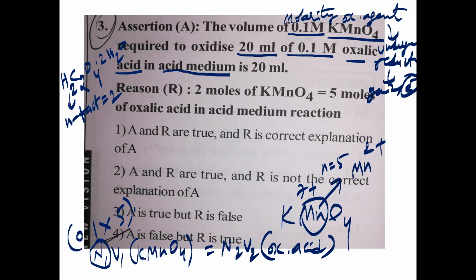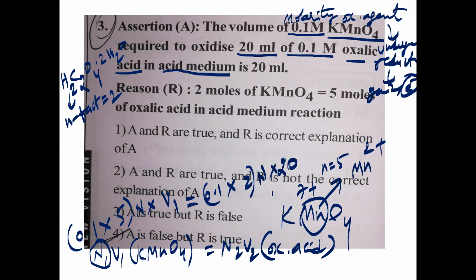So this normality into V1 of KMnO4, which we need here, is equal to N2 of oxalic acid. For oxalic acid, molarity given 0.1 into n factor 2. So this is the normality of oxalic acid, into the volume of oxalic acid.